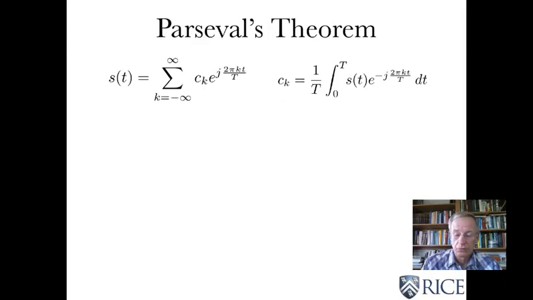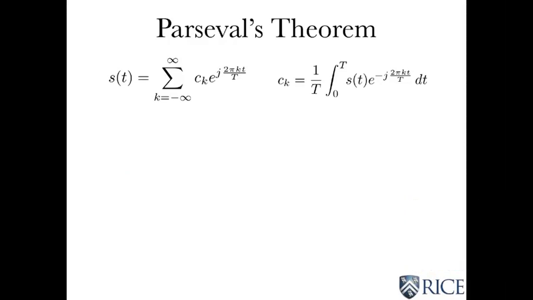All right, so the crucial thing we're going to prove is something called Parseval's theorem. And this is a very important result in the consideration of signals and their power. So just to review, this is the Fourier series of a periodic signal s.